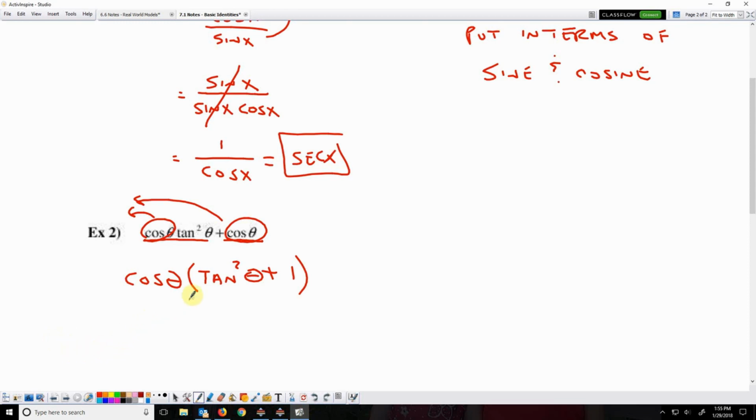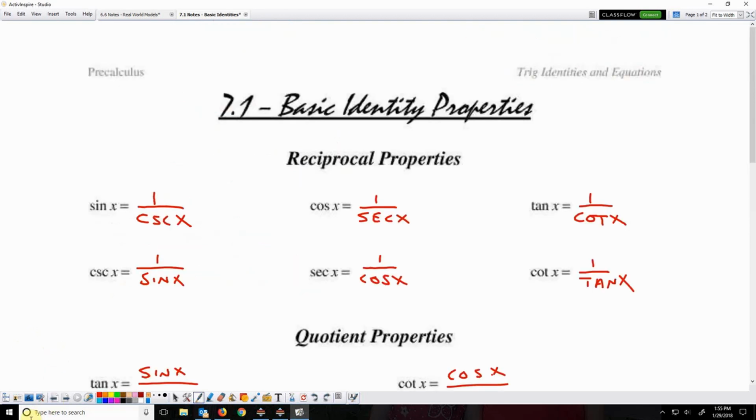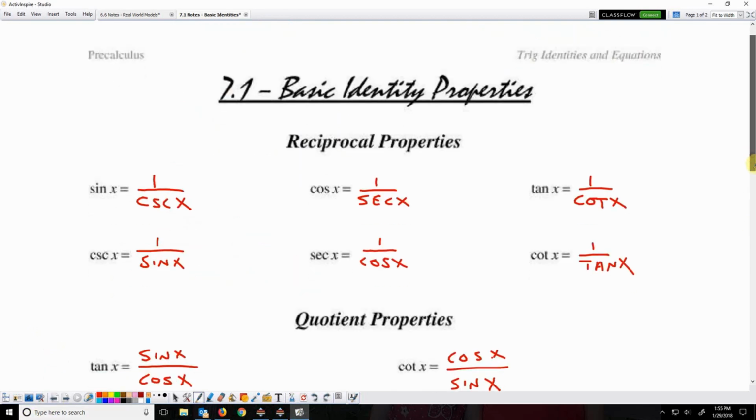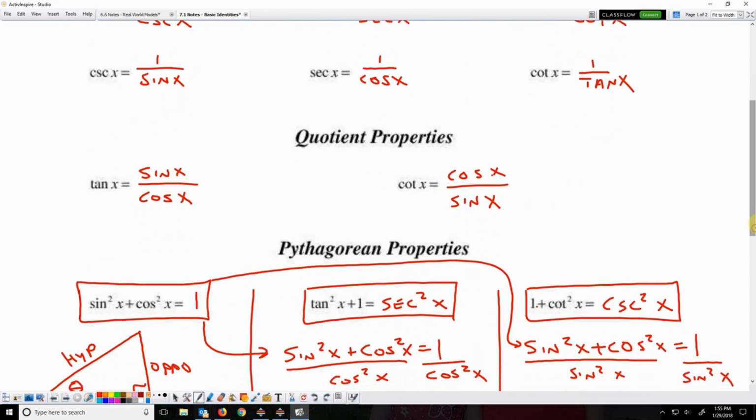Alright, so tan squared theta, that sounds kind of familiar. So I'm going to go back to page 1. Tan squared theta makes me think of a Pythagorean property. Tan squared theta plus 1 equals secant squared theta.